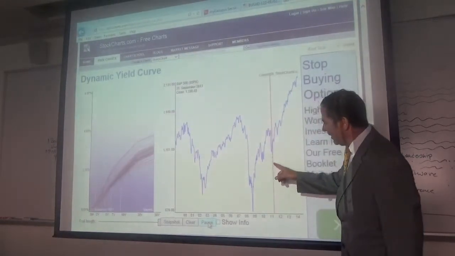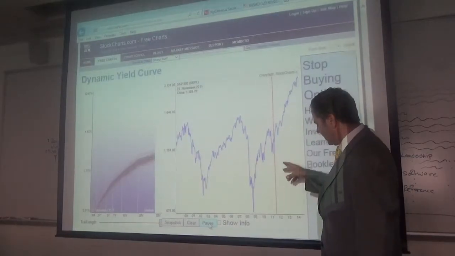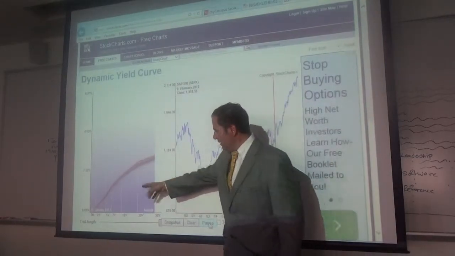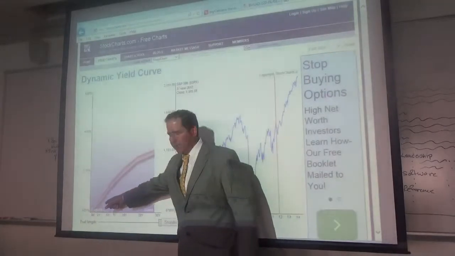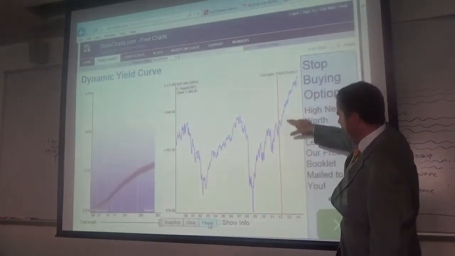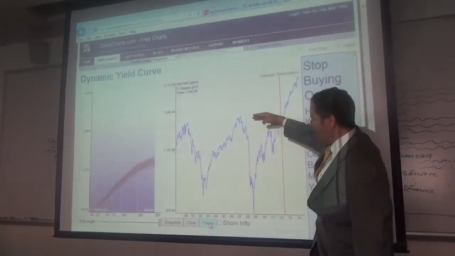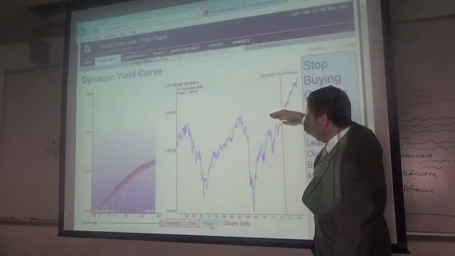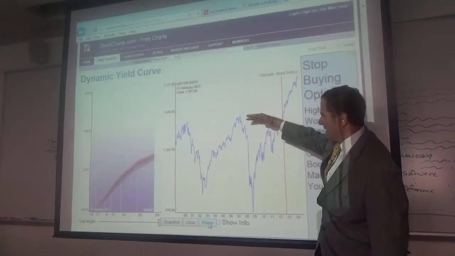And then you can see as we move into 2011, 2012, still very low interest rates, zero interest rate policy that continued to a point in 2013 where we basically broke through the S&P 500 price resistance line.